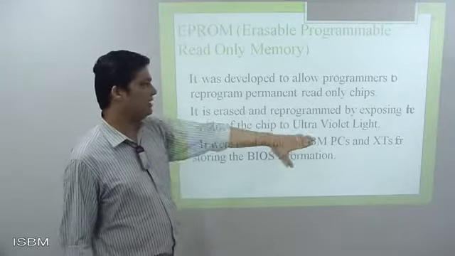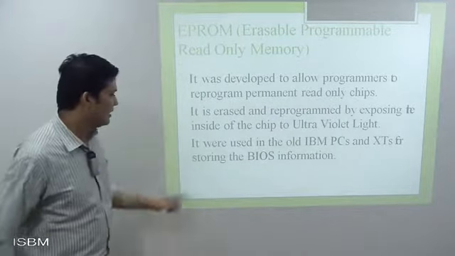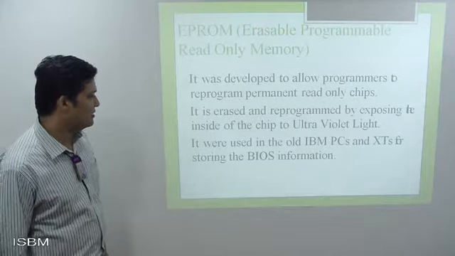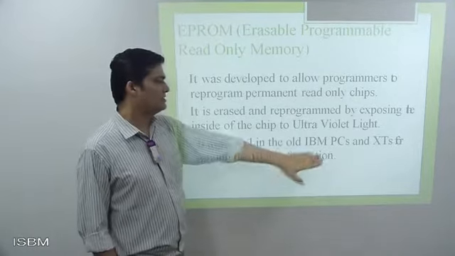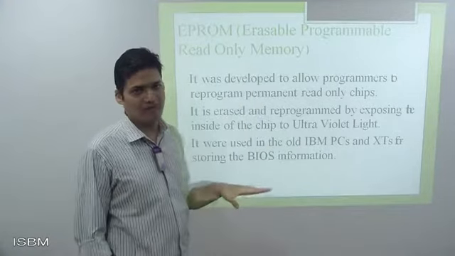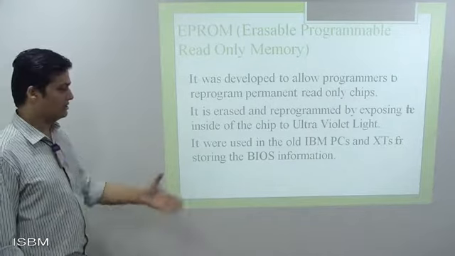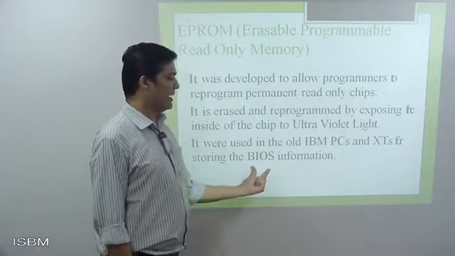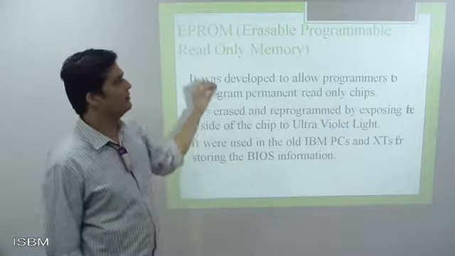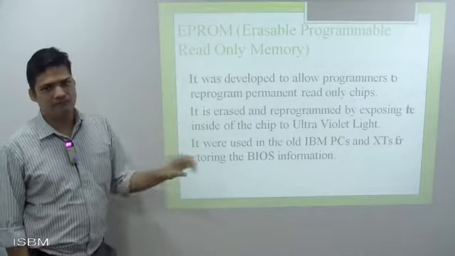It was used in the old IBM PCs and XTs for storing the BIOS information. If you find an old IBM notebook, you will find erasable programmable ROM used there, storing the BIOS, basic input output system, information.